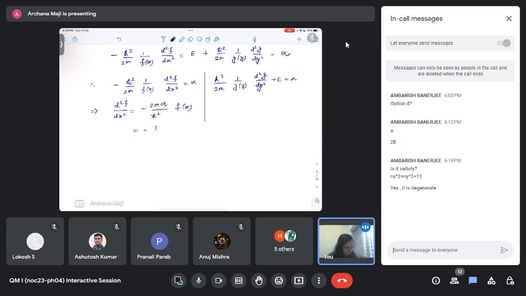Then consider this to be kx square f of x.